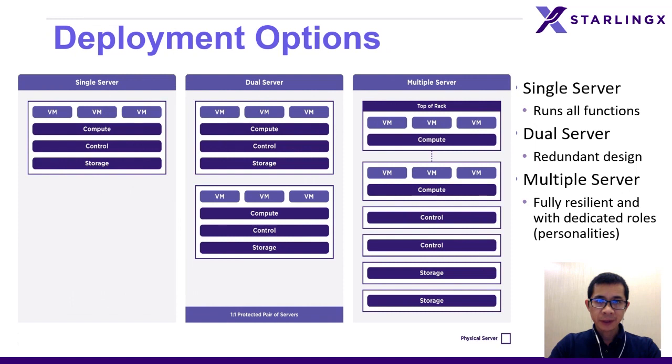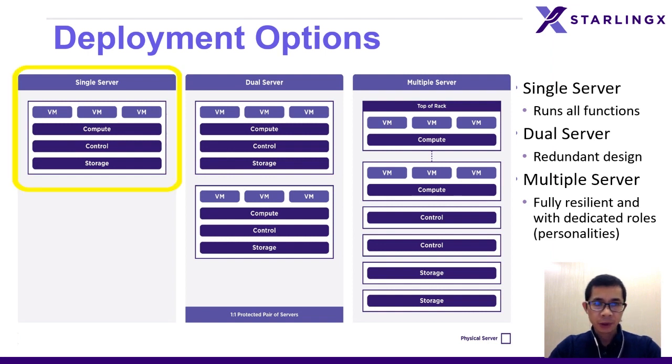From previous pages, we have already learned what StarlingX is and its architecture. Now let's see how it's deployed in practice. With StarlingX, we have 3 deployment options to fit different requirements in terms of resource demand, capacity, scalability, and high availability.